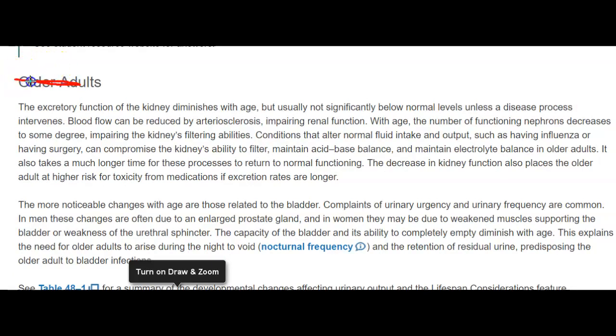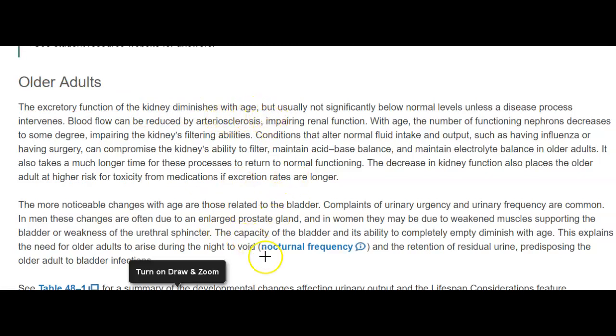I wanted to go underneath the older adult, and then also look here where the function of kidneys diminishes with what? I can't draw a straight line, so I apologize. It diminishes with age. So you can see what I was trying to tell you, how it diminishes with age.